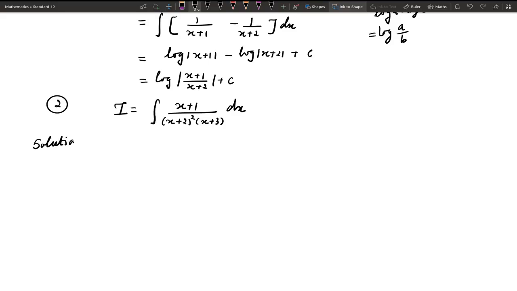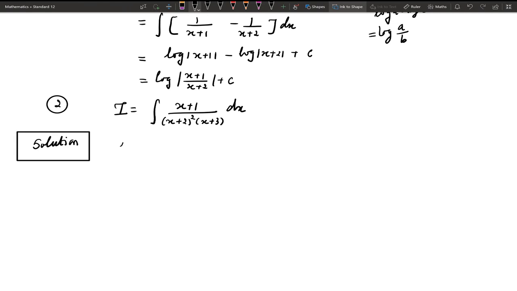Solution: x plus 1 upon (x plus 2) whole square into (x plus 3). So now x plus 3 is linear and non-repeated, but x plus 2 square is there, so it is repeated.